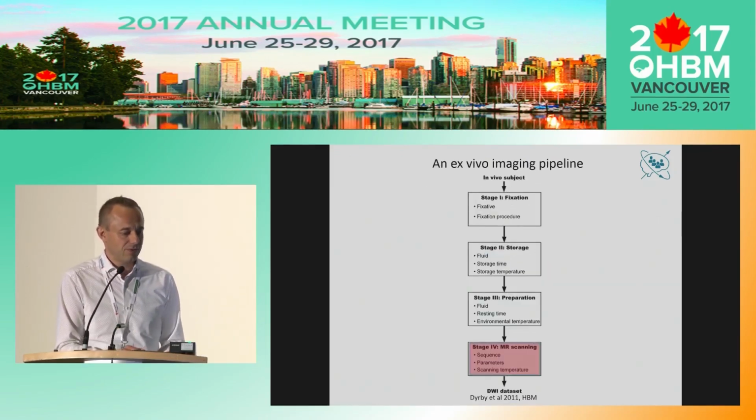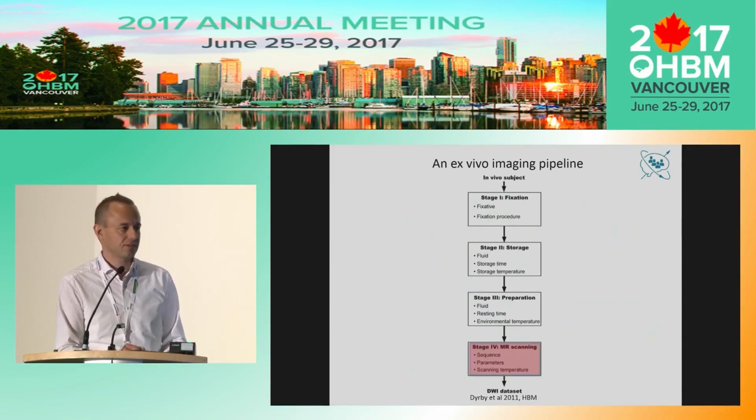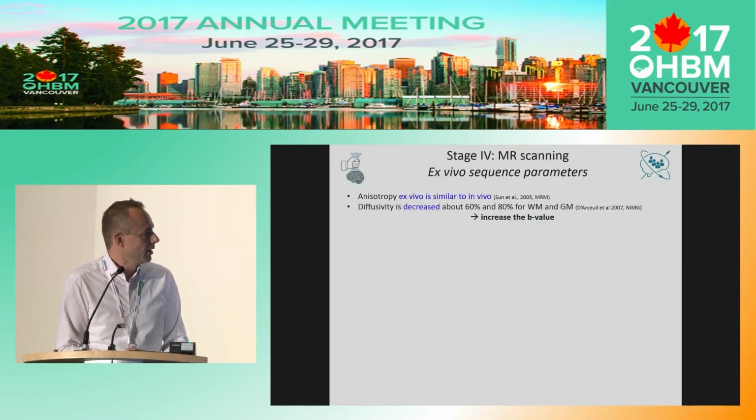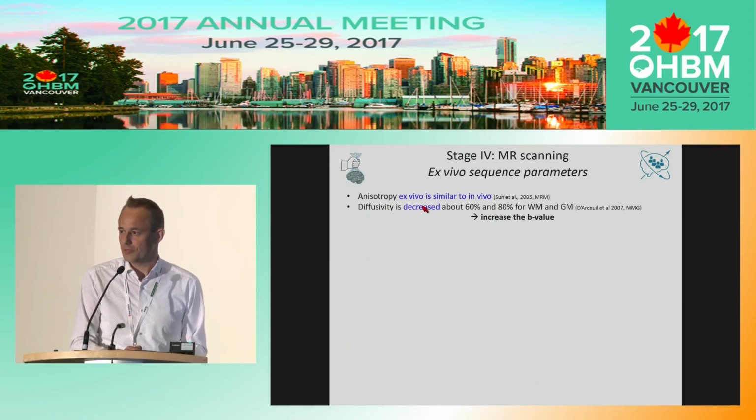All right, now the brain is in the magnet and everything is stabilized. Now we are ready to do the acquisition. When we do the acquisition of ex vivo, it has been shown that ex vivo is similar to in vivo in the anisotropy, and that suggests that the microstructural environment is the same.